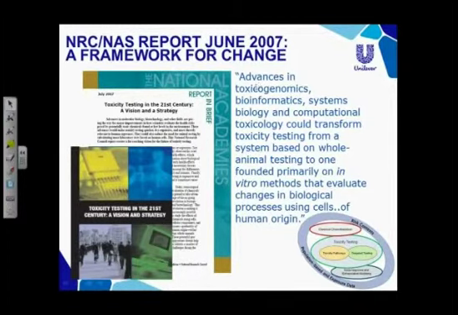There's lots of good things in there, but I pick out a couple of them. It did say that advances in things like toxicogenomics, bioinformatics, systems biology, and especially computational toxicology could transform tox testing from a system based on whole animal testing, as I've just described, to one founded primarily on in vitro methods. So, test tube methods that evaluate changes in biological process using cells of human origin.